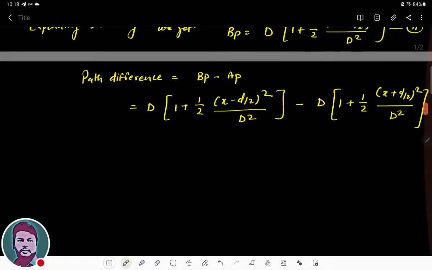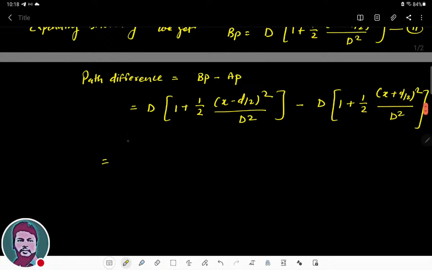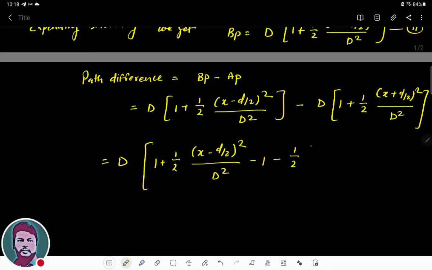Now take d as common, so the term becomes 1 plus 1 by 2 x minus d by 2 square over d square, minus 1 minus 1 by 2 x plus d by 2 square over d square.